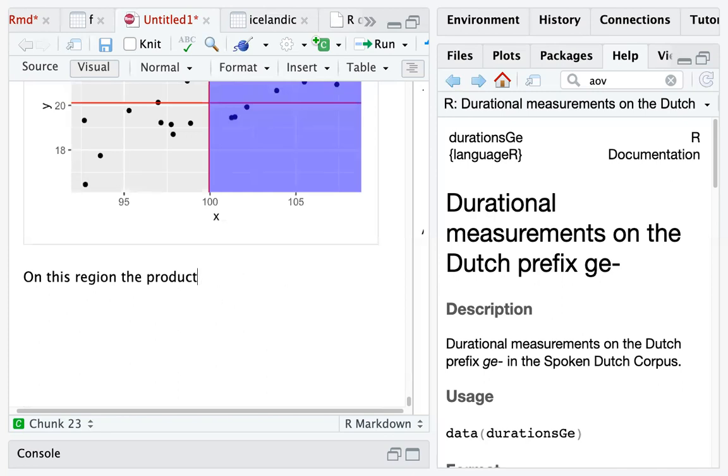On this region, a point (x, y) satisfies that xi minus x bar, which is mu1, is positive.